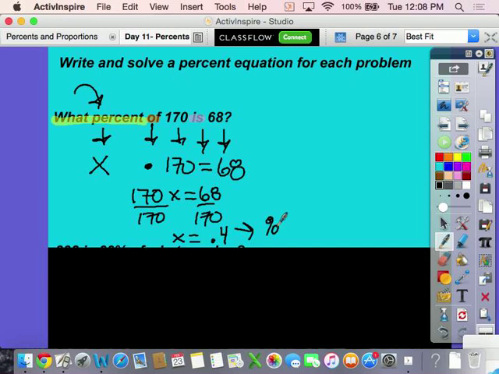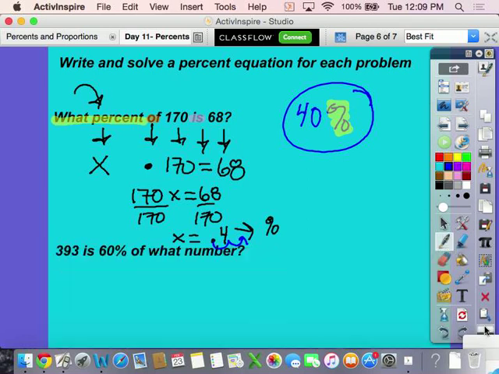So to change 0.4 into a percent, we know we're going to take that decimal point, slide it over 2 spaces, and my answer is 40%. 0.4 is 40%. I only use the percent sign when I'm asked the question, what percent? Just like we talked about in yesterday's lesson with percents and proportions.